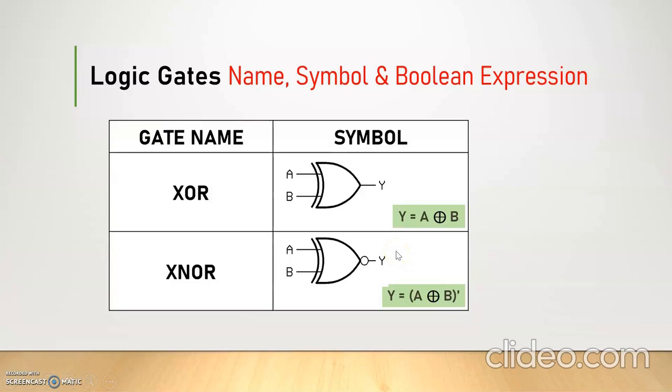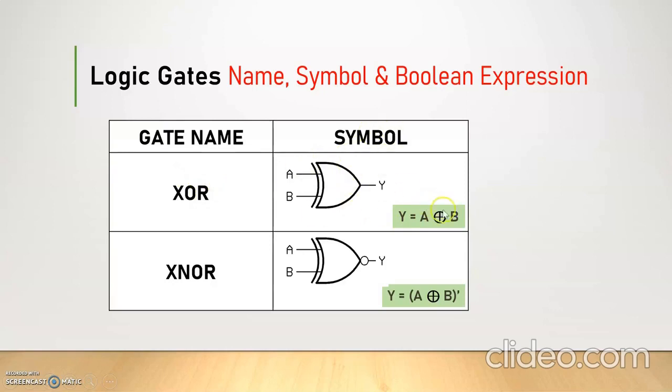So let's look further. We have two more, XOR and XNOR. XOR is drawn like this. It's like OR, but we have another curve in front here. So it's just the same as OR, but with another curve here, and the expression is written like this. We have a circle with a plus inside there. This is the gate name XOR.